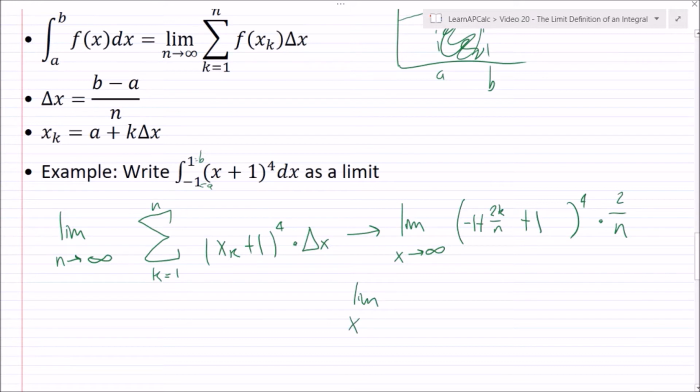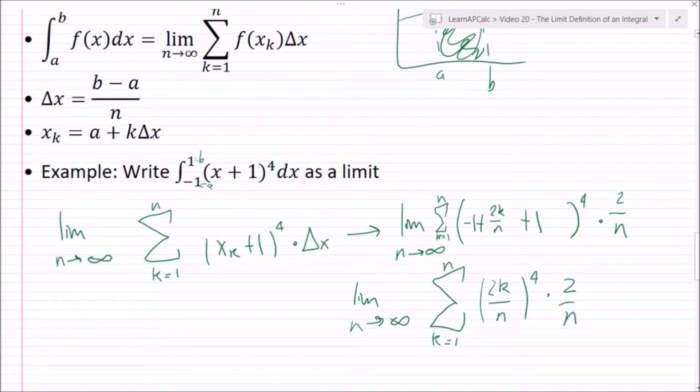If I simplify the inside, and this should be the sum from k equals 1 to n, and then this is the limit as n goes to infinity. Okay, so now we've written this definite integral as a limit. There's ways to solve this, but you're not going to be asked to do that on the AP test. You need certain formulas to actually figure that out.